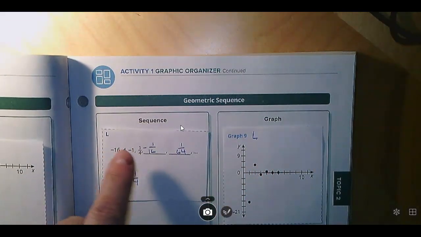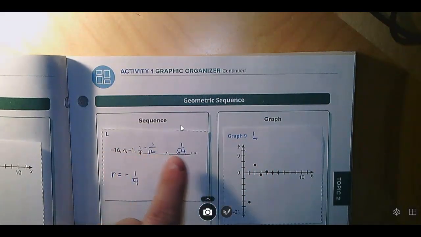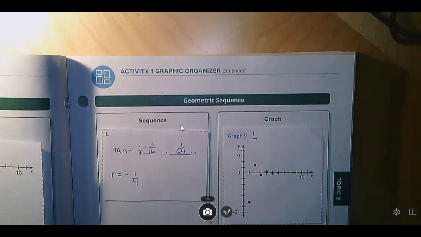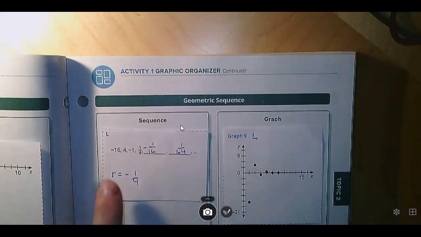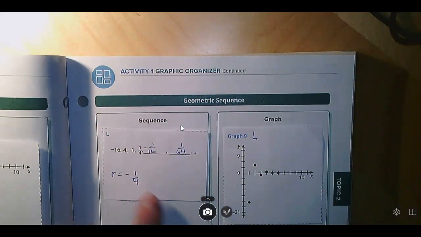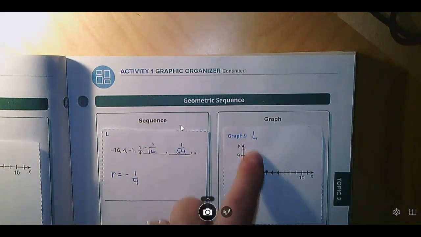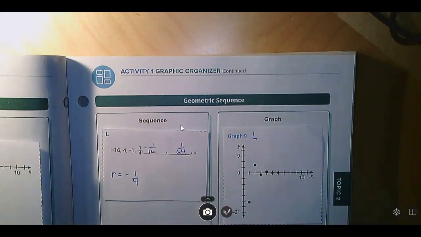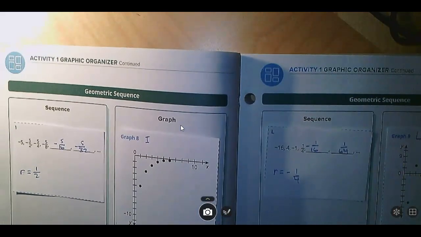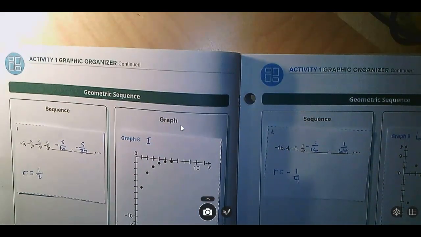They change from negative to positive to negative to positive. So if it says geometric, you'll have an R value, and your graphs will either go positive, negative, or they will look like curves. So get those sequences and graphs cut out and taped or glued into your textbook.